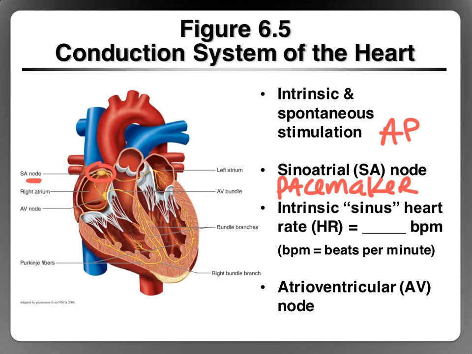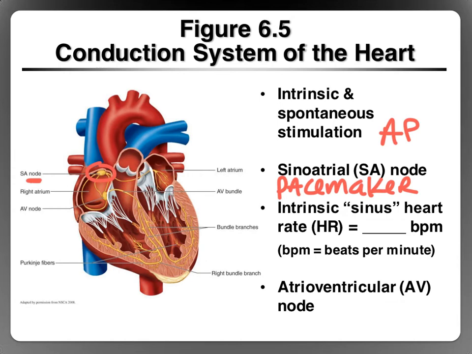It's a group of cells that spontaneously develop action potentials and send them through the conduction system of the heart. Just like with skeletal muscle, as the action potential travels through the heart, the cells in the heart contract. So the SA node is what we call the pacemaker.